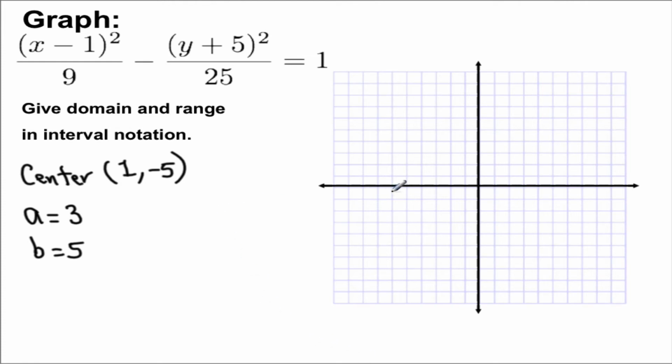Starting from the center, (1, -5), we're going to go 3 units to the right, 3 units to the left, 5 units up, and 5 units down, and we're going to form a rectangle.